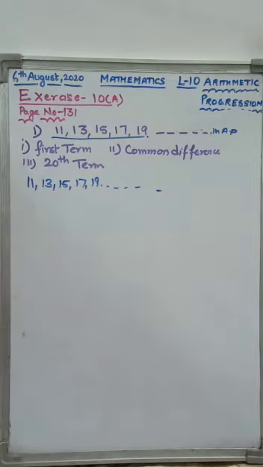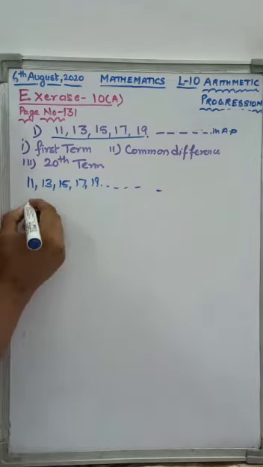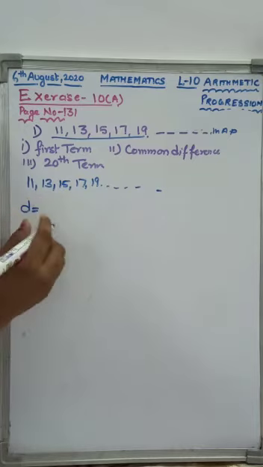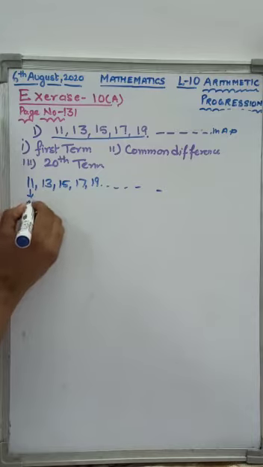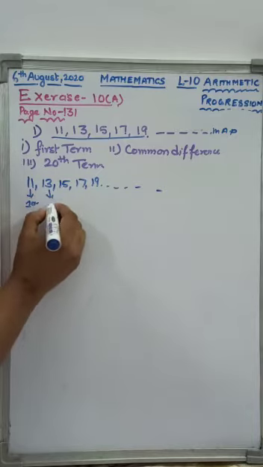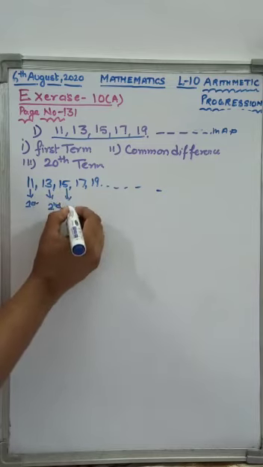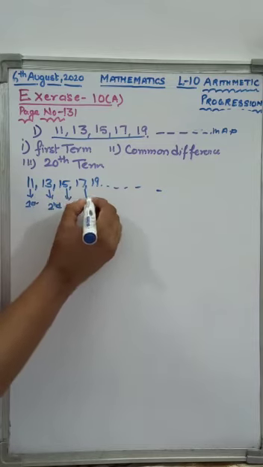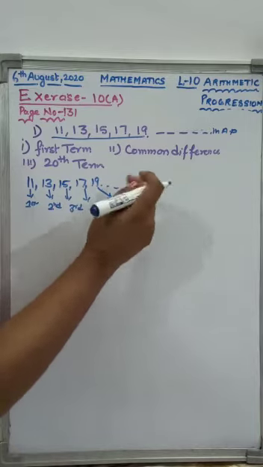So, what will we do first of all? We will find out the common difference. Now, how will you find out the common difference? This is your first term, first number, second number, second term, third term, fourth term, fifth term, and so on.